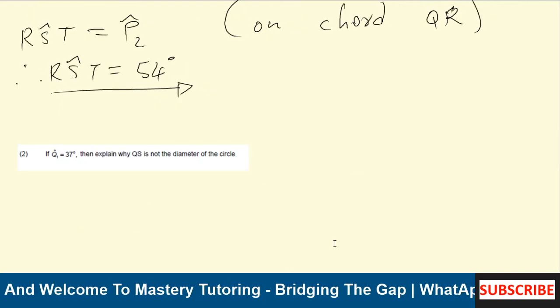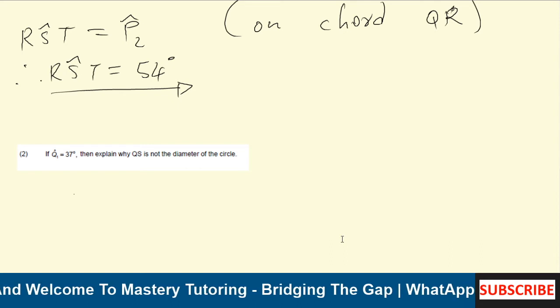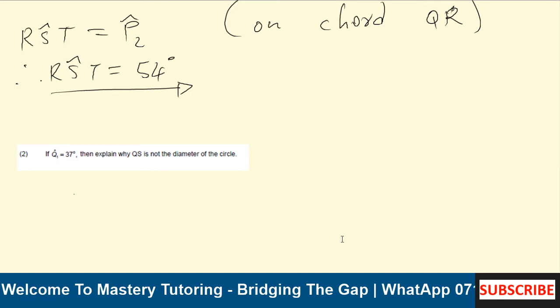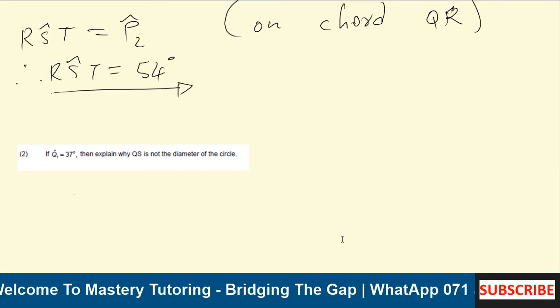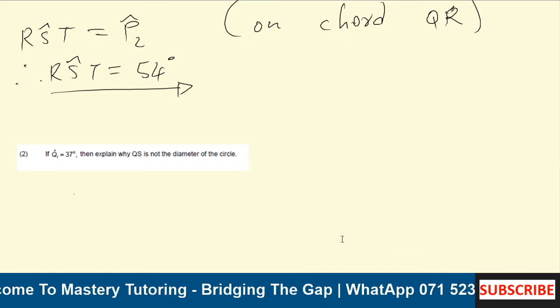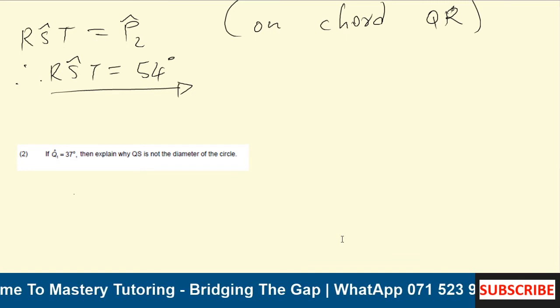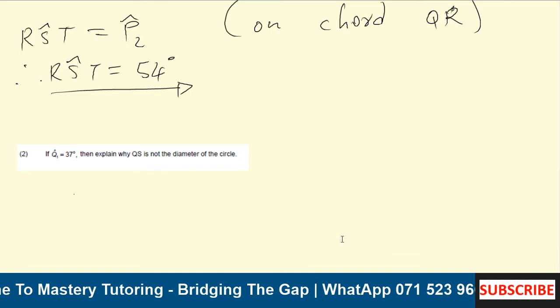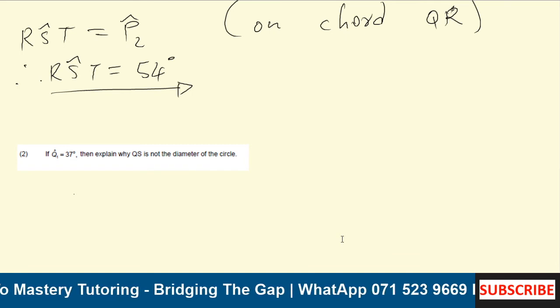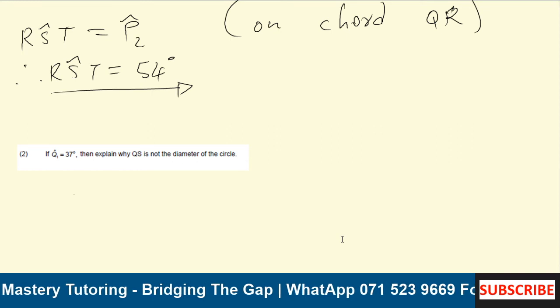It says if Q1 is equal to 37 degrees, then explain why QS is not the diameter of the circle. Since they've given us the angle of Q1, it is much easier for us to calculate angle R1.